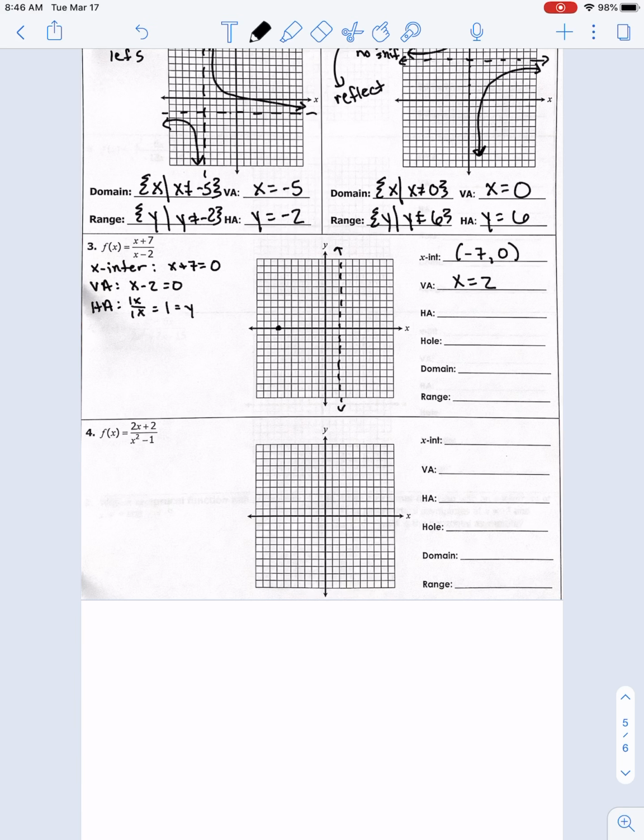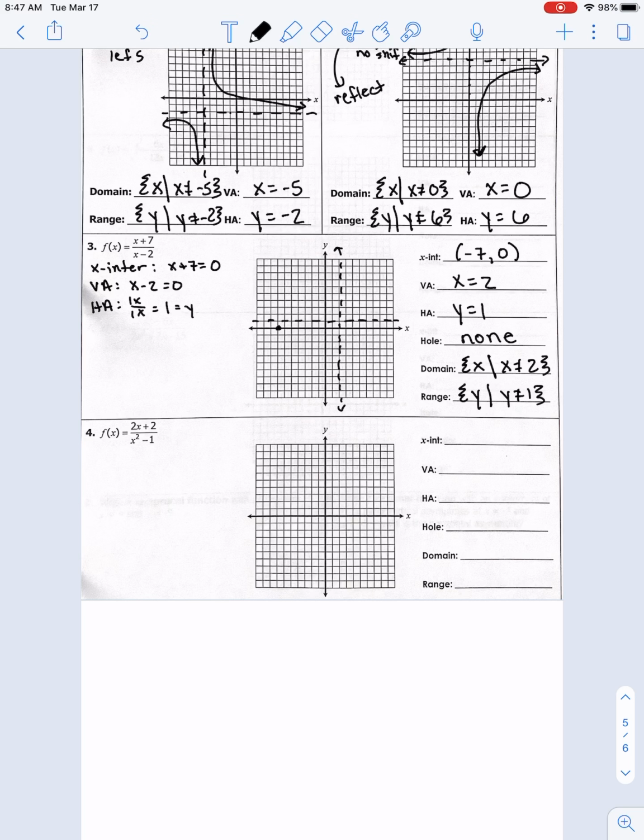So we have our horizontal asymptote at y equals 1. Hole, well, there was no common factor, so there's none there. Our domain will then be only dictated by our asymptote, so that is all x except x cannot be 2. And our range is all y, except y cannot be 1.